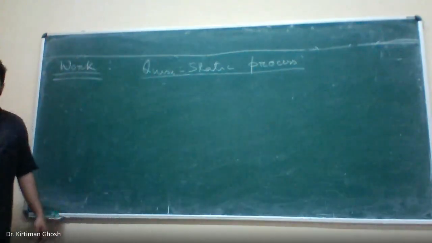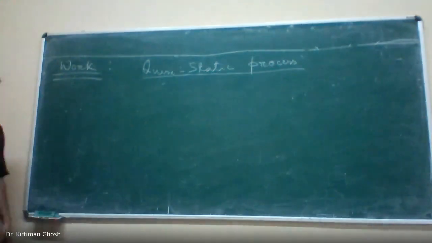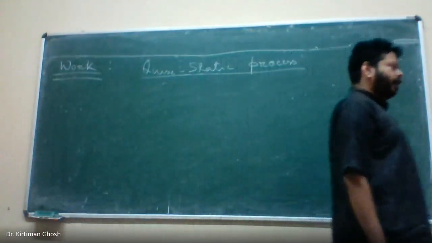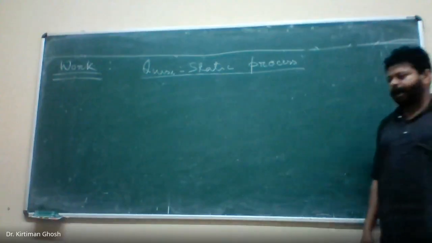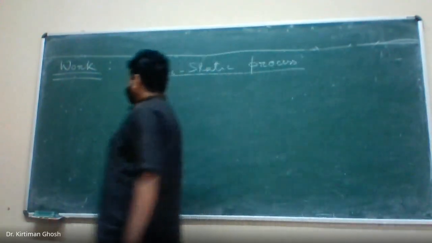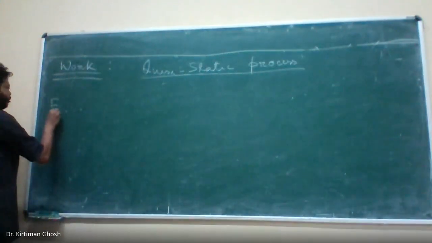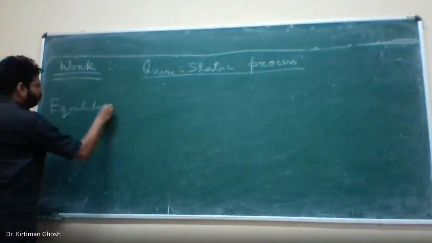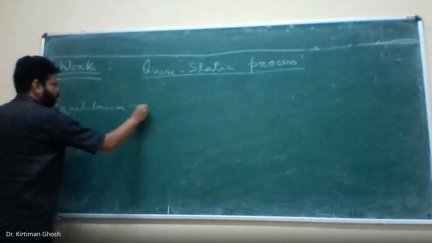So the equilibrium we have already discussed. A system is in equilibrium means that it is in mechanical, thermal and chemical equilibrium. Three kinds of equilibrium I am talking about. We have already defined equilibrium.